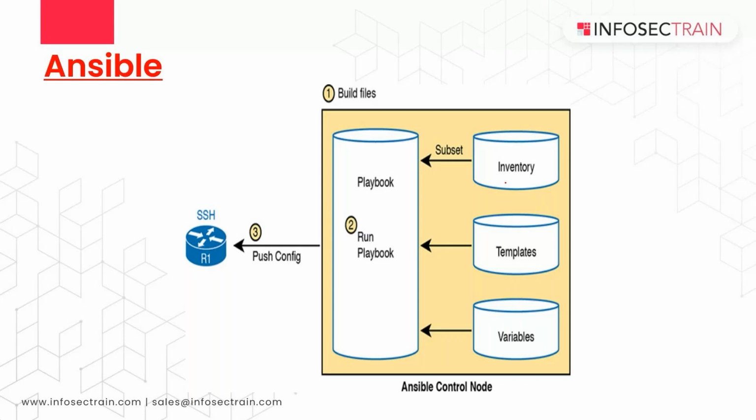So Ansible can perform functions for subsets of the inventory. Templates are also there, like there is a language Jinja, right? So using Jinja 2 language, the templates represent a device configuration but with variables, right? And at last, variables. So using YAML, a file can list variables that Ansible will substitute into templates.